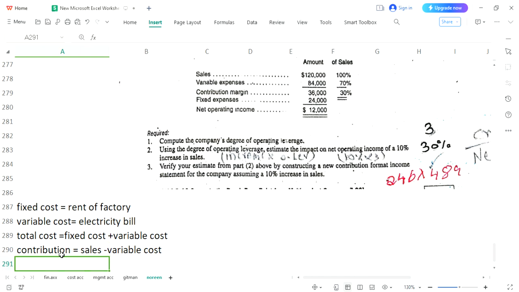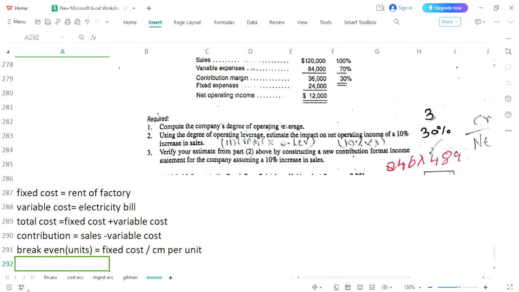Then you saw break-even point. This is a very important aspect. Break-even point is the point where your cost and revenues are equal. In terms of units, you take fixed cost and divide it by CM per unit, contribution margin per unit.